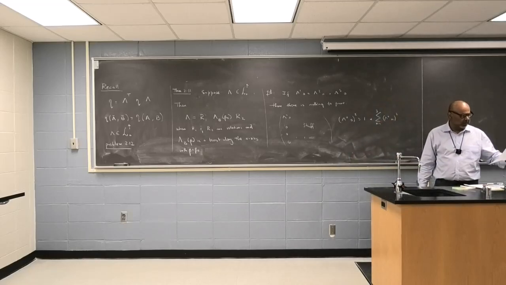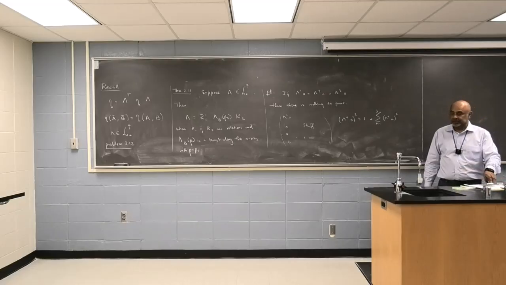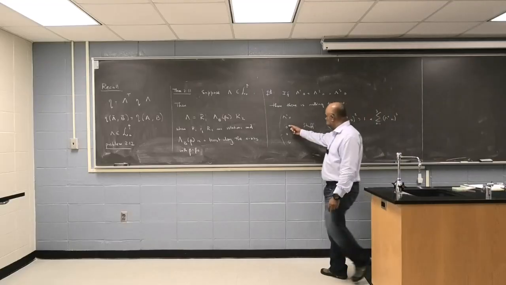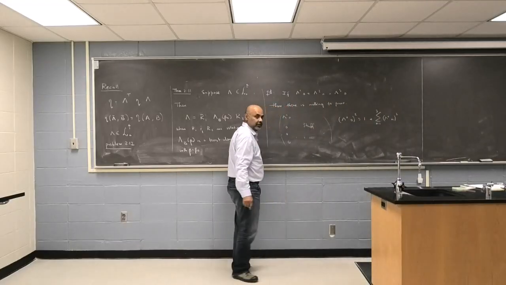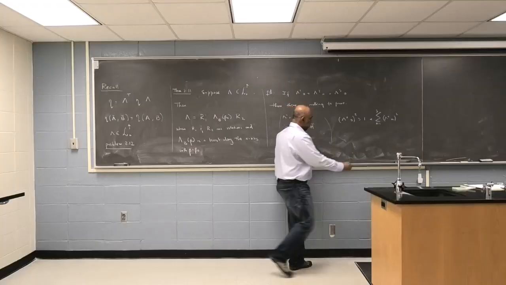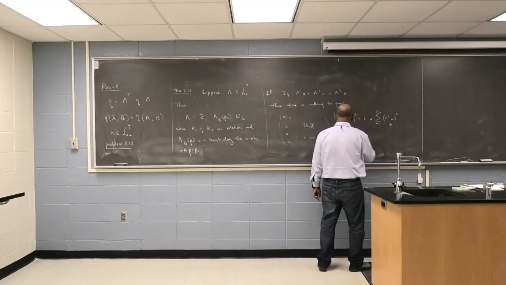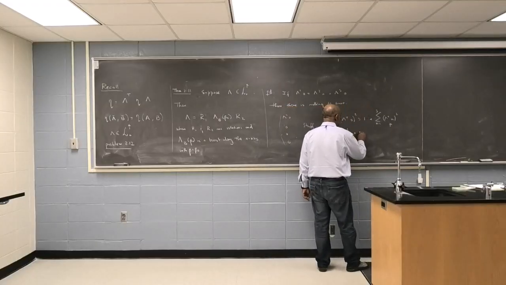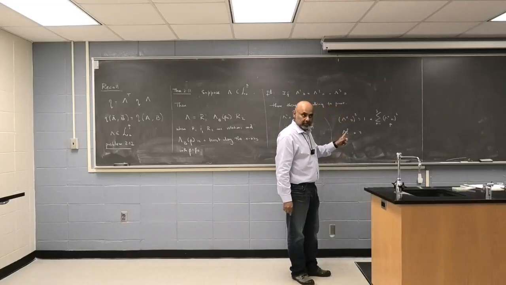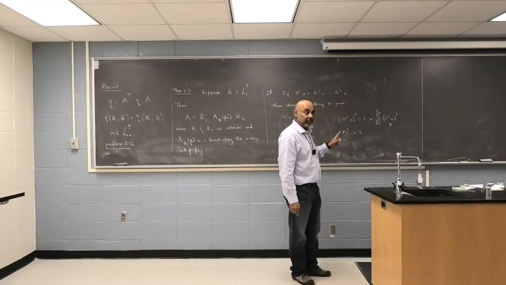Correct? With this we proved, this is theorem 2.9. But over here, what's true? These guys are 0. That means lambda 0,0 squared equals 1, which means lambda 0,0 is plus or minus 1.